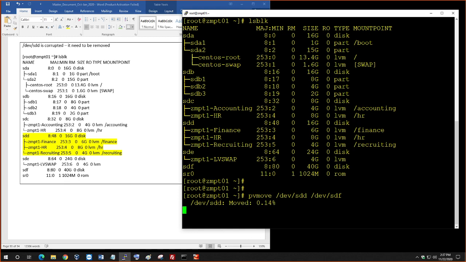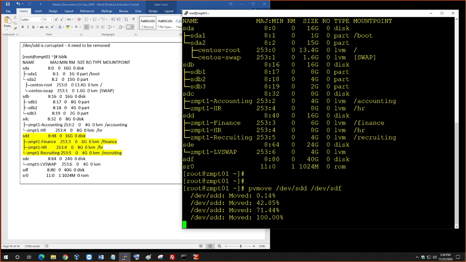So it's moving, it's telling you the percentage, okay, yeah, so it's going to move now. Okay, so the move is complete.